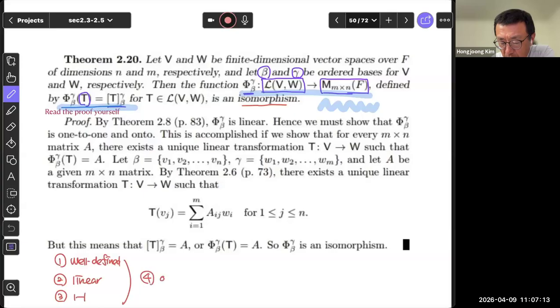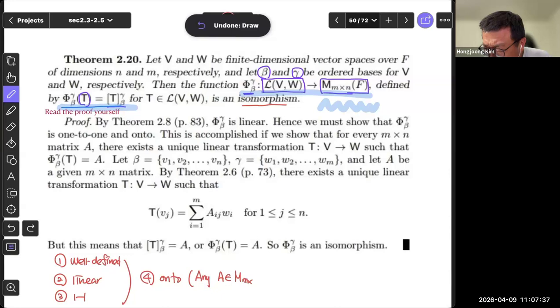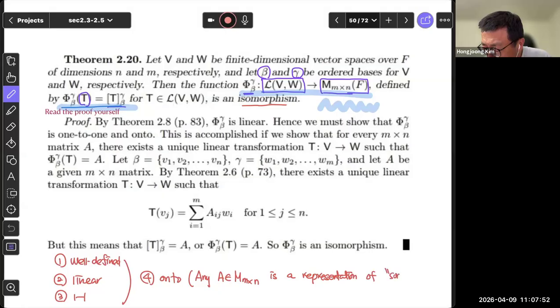Number four, it must be onto. Onto means codomain is the same as the range. That means if you choose any matrix from the codomain, m by n, so if you choose any matrix, that is a matrix representation of some T transformation.